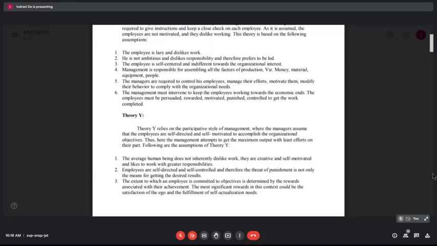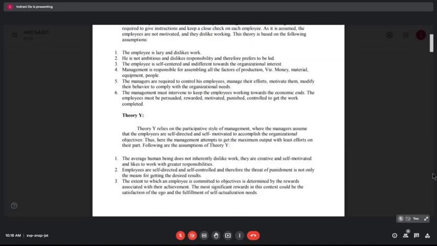Here, the employees are self-directed, self-controlled, and therefore the threat of punishment is not the only means for getting the desired result. There we were giving them punishment so that in fear of it, they will do the work.